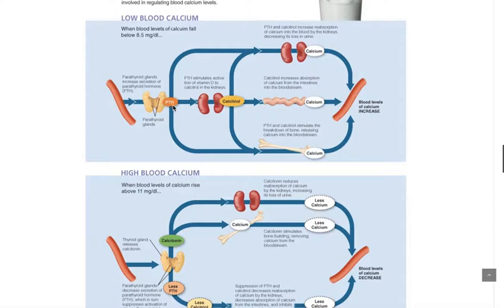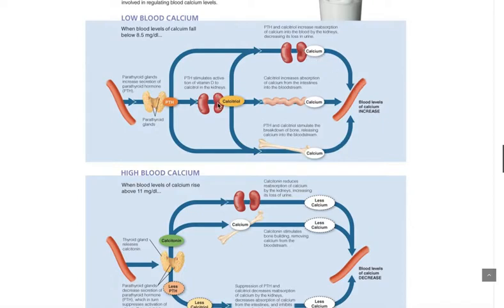It's the parathyroid gland that's stimulated to secrete parathyroid hormone that then goes into the kidneys and tells the kidneys, when there's low blood calcium, to retain the calcium, so we're not going to excrete it out.